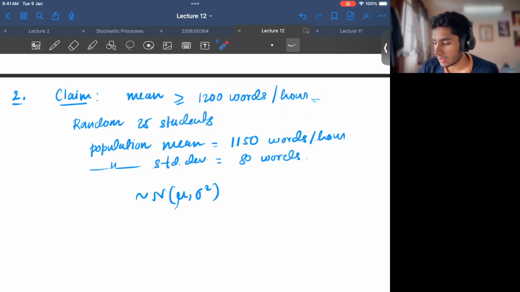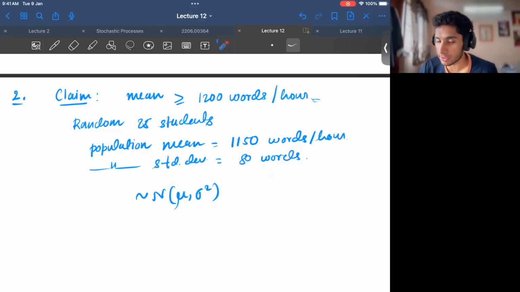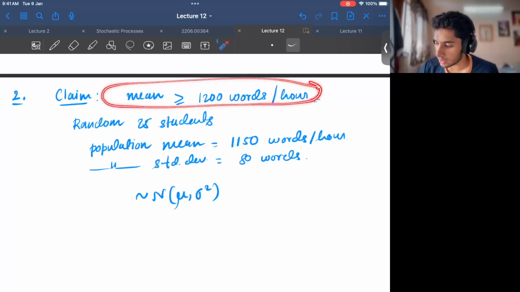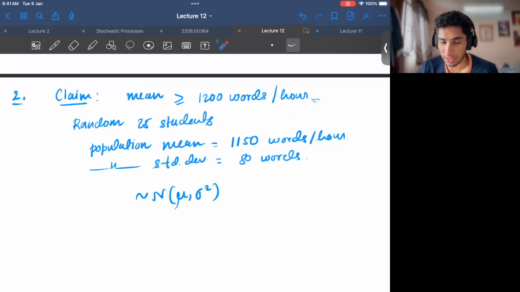To test this claim, they randomly choose 25 students and get the statistic that the average typing speed is 1150 words per hour with a standard deviation of 80 words. You can assume that the actual typing speed of students is distributed according to a normal distribution. However, the mean and sigma square are unknown to you.